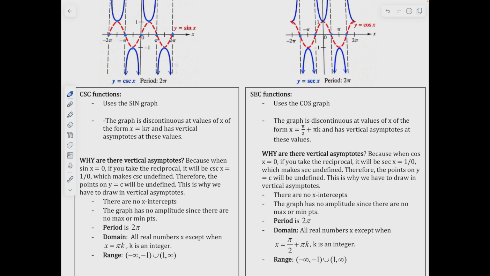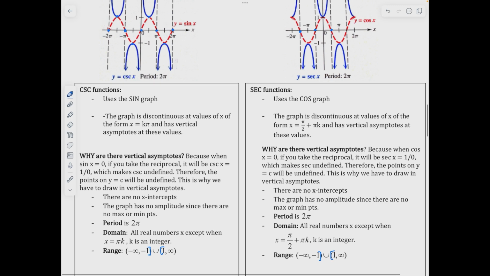You need one of the upward and one of the downward ones to complete one full cycle. The domain is all real numbers except your vertical asymptotes. And your range is from negative infinity to negative 1, and then 1 to infinity. Actually, there should be a bracket there, here, and here as well.